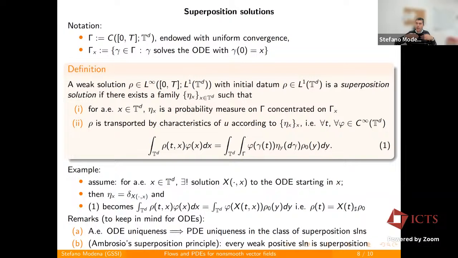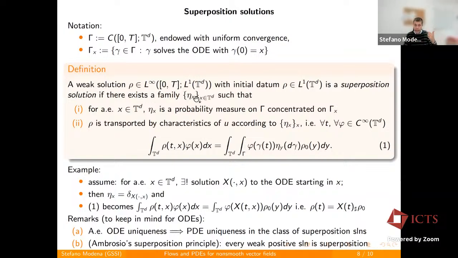Then your density at time t will be 1/2 the Dirac delta in one point plus 1/2 the Dirac delta in the other point. This is a pretty nice, admissible solution. It's measure-valued, not L1, but you can adapt the example to make it L1. So this is a measure-valued solution to your PDE.